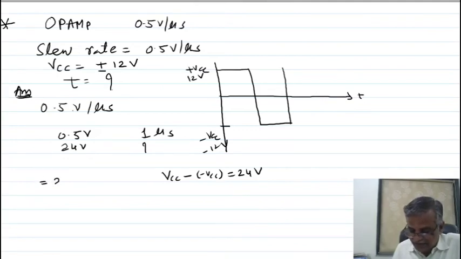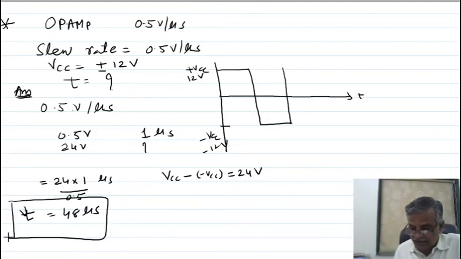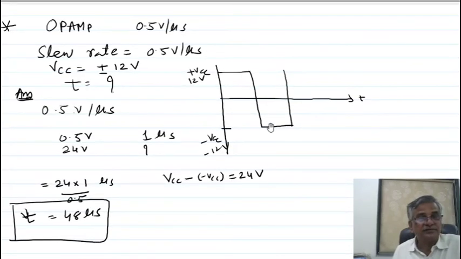So I can write 24 multiplied by 1 microsecond upon 0.5. So it requires 48 microsecond. How much time is required? 48 microsecond time is required to change from here to here.